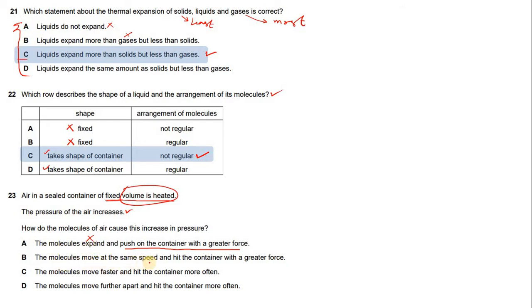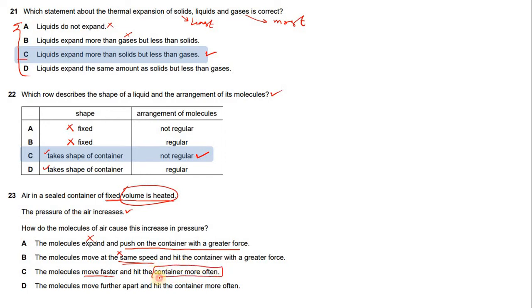Molecules move at the same speed? No, because you are heating, so speed should be more. This statement is wrong. The molecules move faster and hit the container more often. Yes, because of the high heat, they start moving faster. Because of the increase in kinetic energy, speed is increased, and due to high speed, they collide with the wall of the container more frequently.